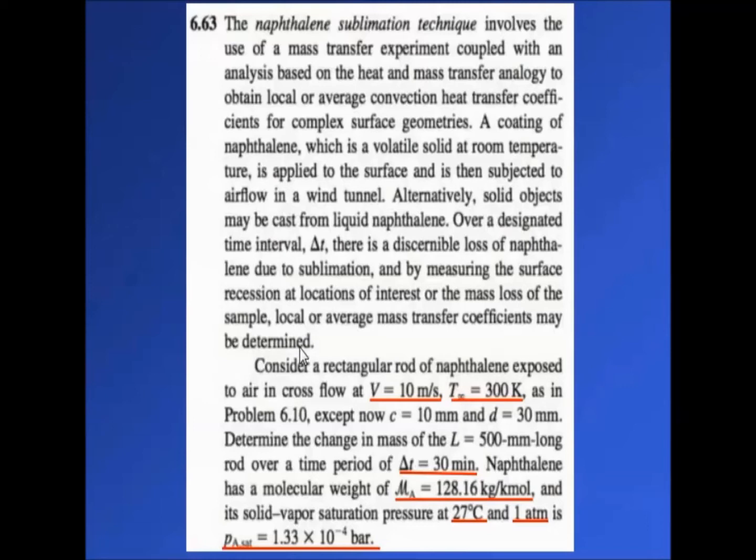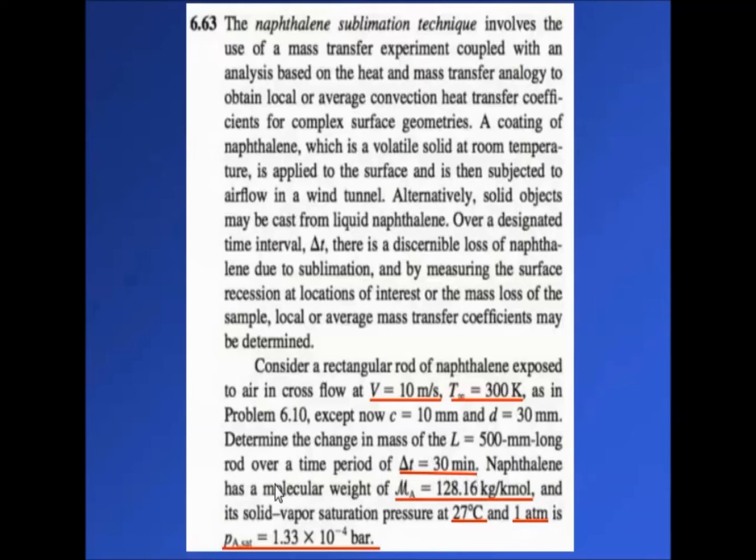For this problem, they want us to consider a rectangular rod of naphthalene exposed to air in cross flow at V equal to 10 meters per second. Our T sub infinity is equal to 300 K, as in problem 6.10. So now they're referencing another problem, so I would suggest taking a look back at this as well. Except now C is given to us as 10 millimeters, D as 30 millimeters, and they ask us to determine the change in mass of an L equal to 500 millimeter long rod over a time period of delta T equal to 30 minutes.